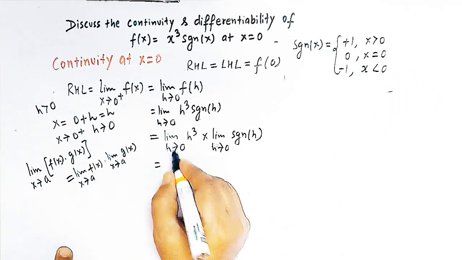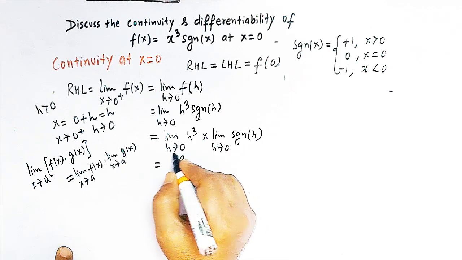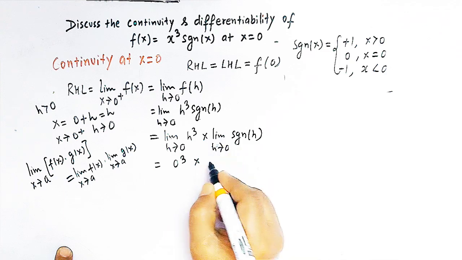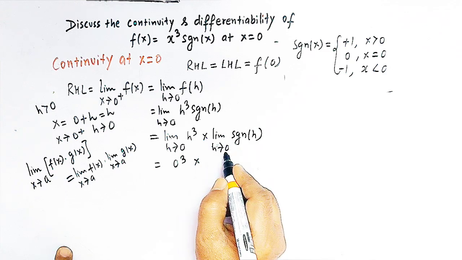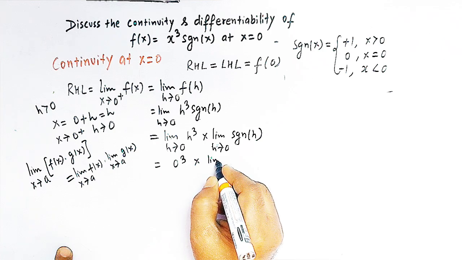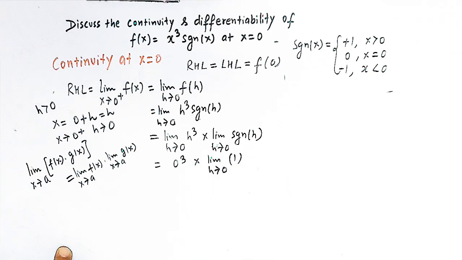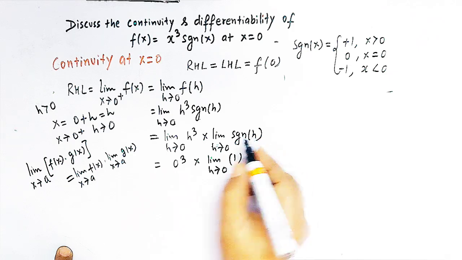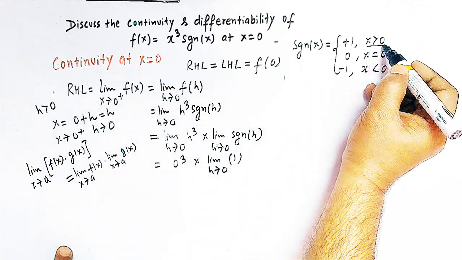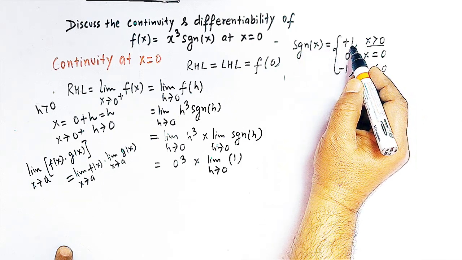Now this first limit is simply 0 cube, taking h is equal to 0. And the limit h tends to 0 of signum of h is equal to limit h tends to 0 of 1, because h is a positive quantity, and whenever x is greater than 0, signum of x is equal to plus 1.